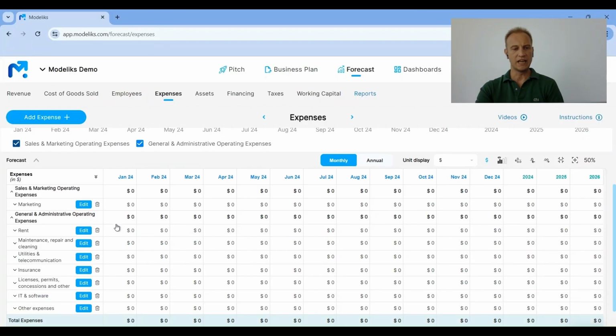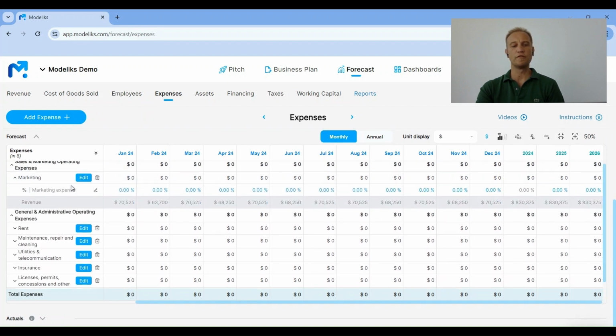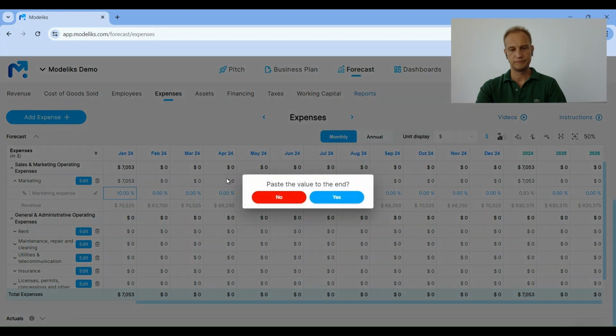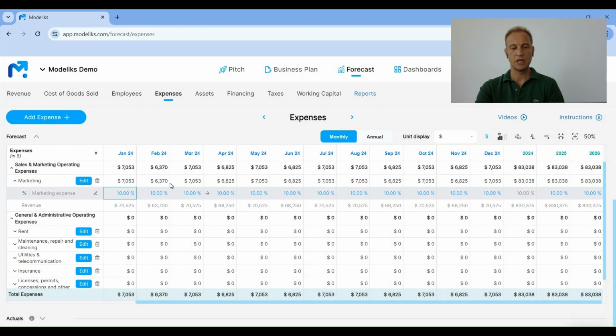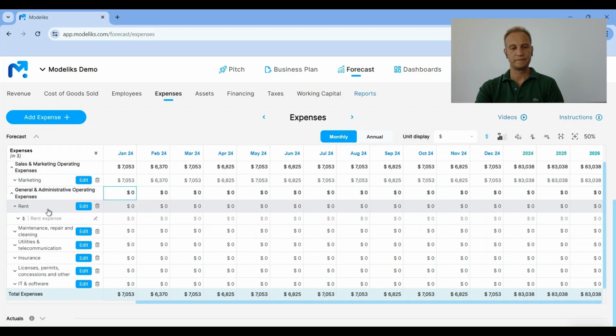We move on to expenses or operating expenses for our restaurant. Now, first, marketing expenses. We'll calculate them as percentage of total revenue. So let's say that about 10% of our revenue will go into marketing. Then rent.